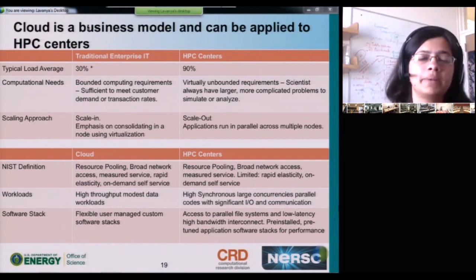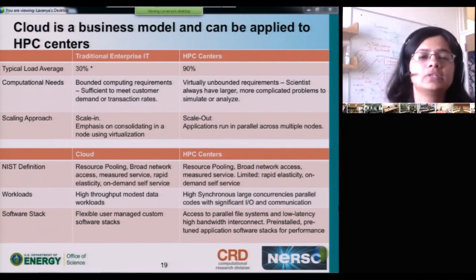So they're able to place multiple VMs on there that do different things and use the node to its maximum. But most of our applications tend to be more intensive, and they have a scaling approach that is to run in parallel across multiple nodes. So the approach is a little different here.